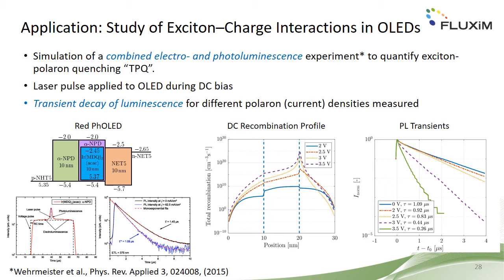At low bias we have a slow decay, but as soon as this additional quenching mechanism kicks in at higher bias, then the PL decay transient will also decay much faster. So this is a nice example that this works out fine, and you can play around with material properties to study their influence.